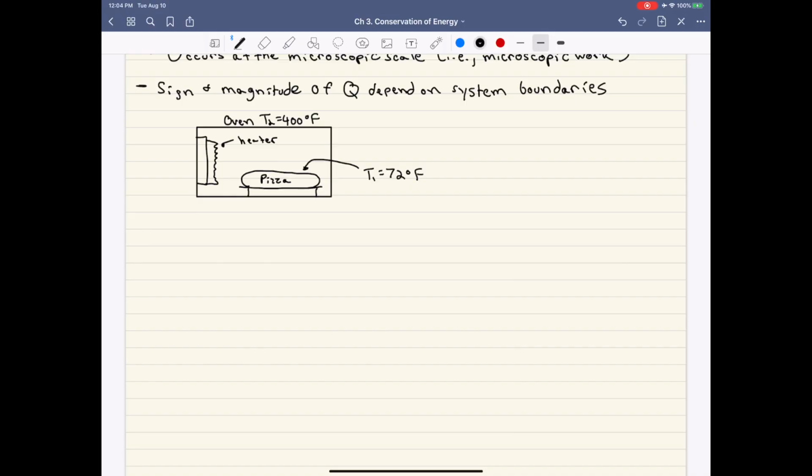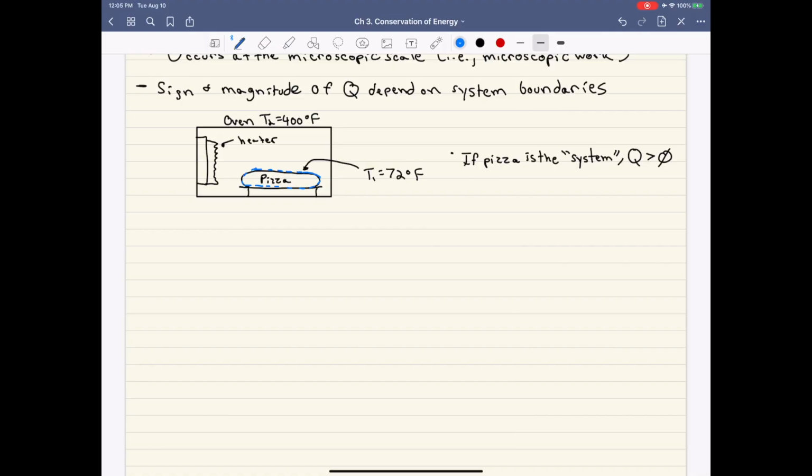Now when we talk about heat transfer in this sort of situation, the value of Q and the sign of Q are going to depend on what we define our system to be. If we define our system to be the pizza, heat is going to go into the system from the hot air in the oven. So if the pizza is the system, then your Q value is greater than 0.